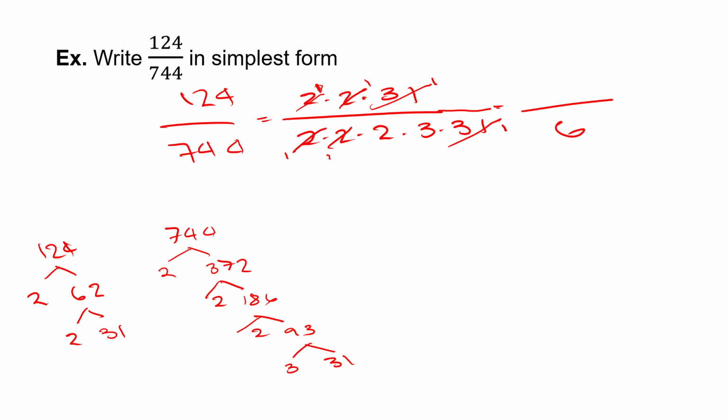Well, when we cancel all of the top numbers, we're not going to be left with 0, but we're going to have 1. So 124 over 744 can actually be reduced to 1 over 6. And that's a simple thing.